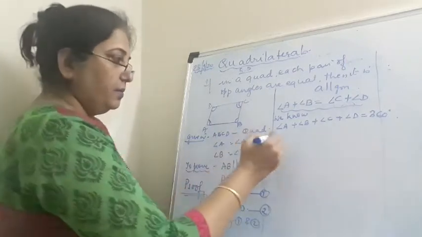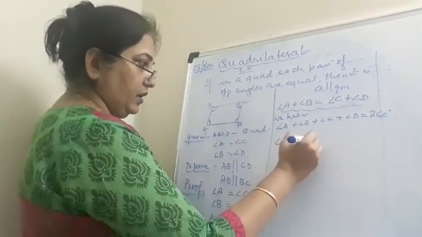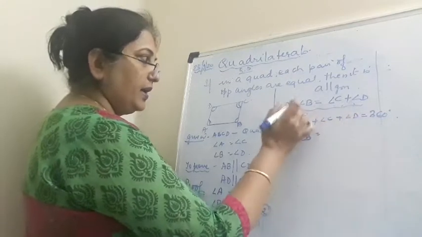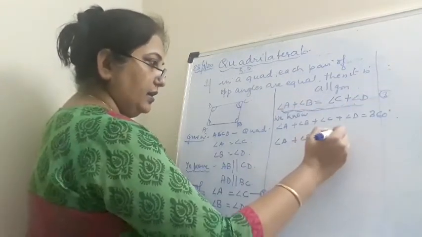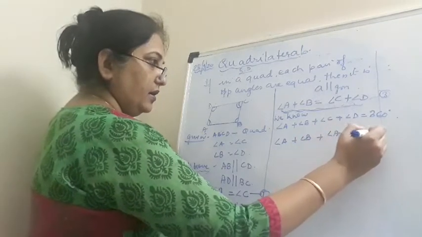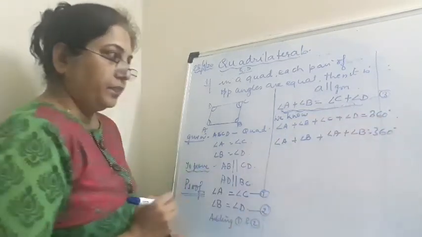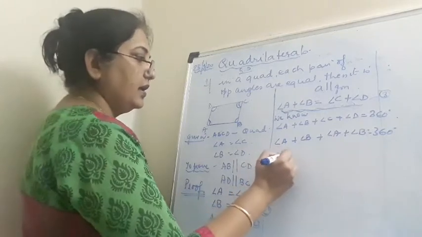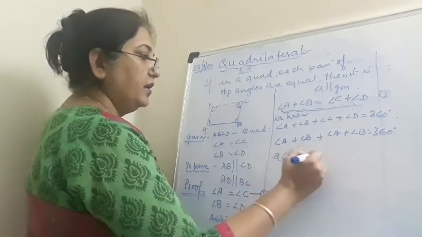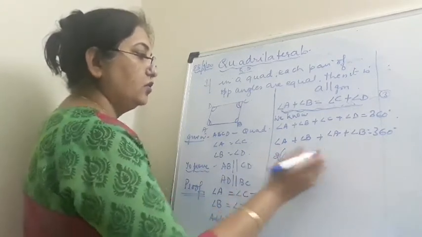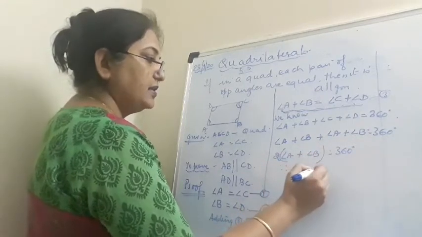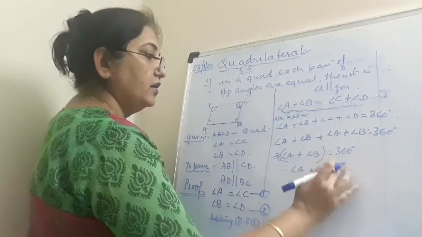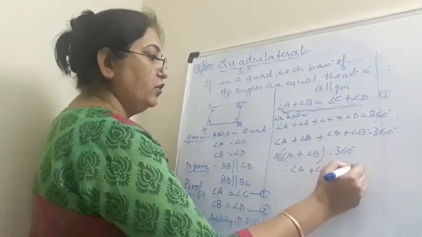So now in place of C and D, by this equation, the third one, I can write angle A plus angle B, plus angle A plus angle B equals 360 degrees. Now twice, I'll put angle A plus angle B in the bracket and this I take out common, will be equal to 360. So therefore angle A plus angle B is equal to what? 360 by 2, which is equal to 180 degrees.